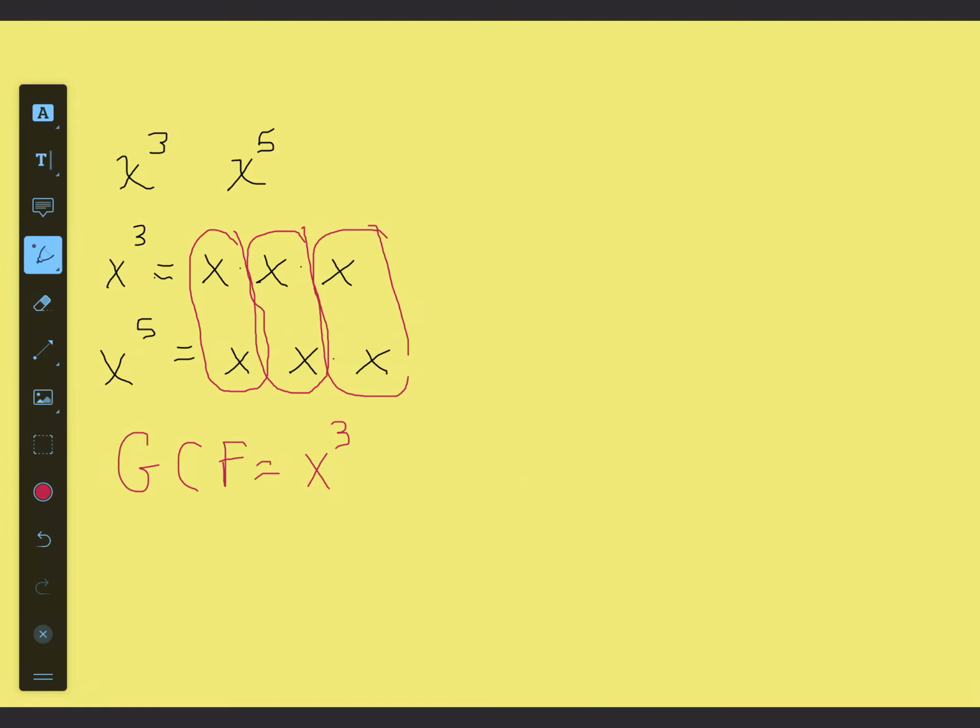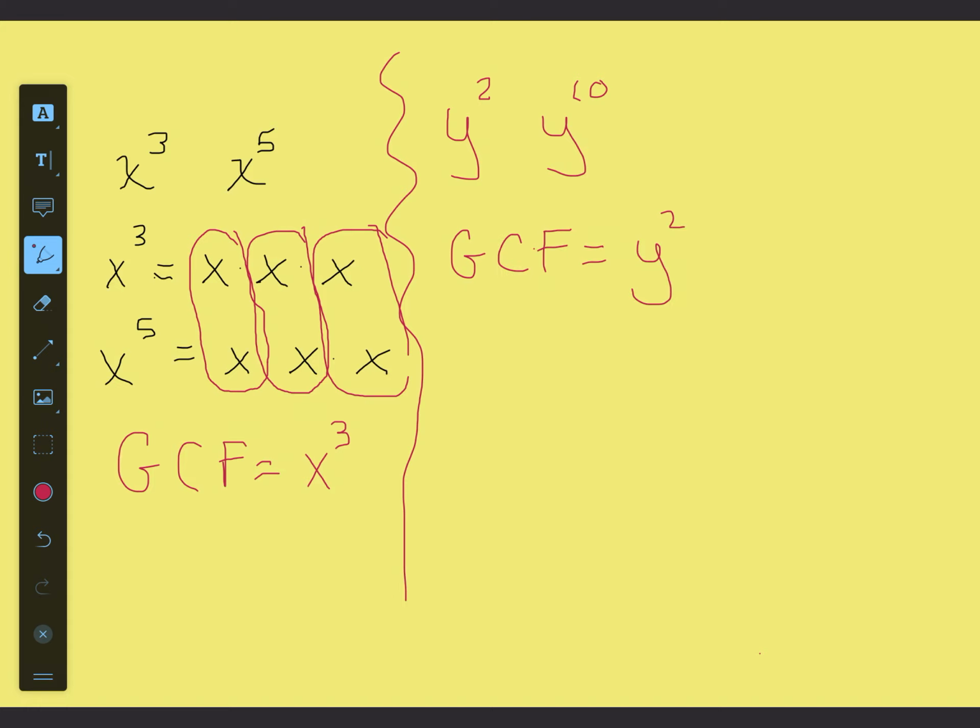Let's just say we have y squared and y to the 10th. You don't even need to do anything. The GCF is just going to be y squared. The GCF, when you're talking about variables, is always just going to be the lowest exponent.